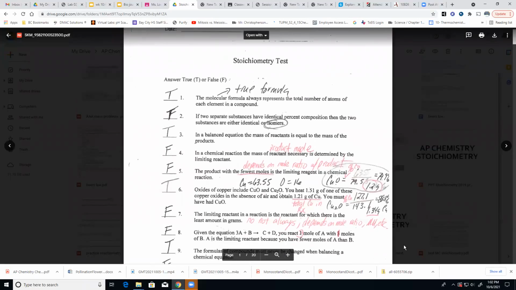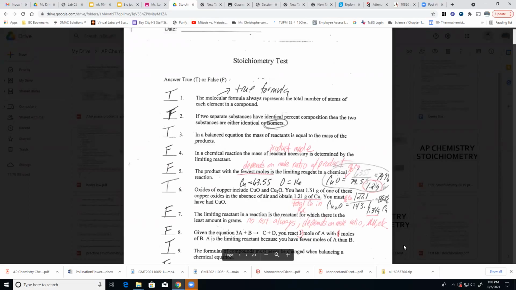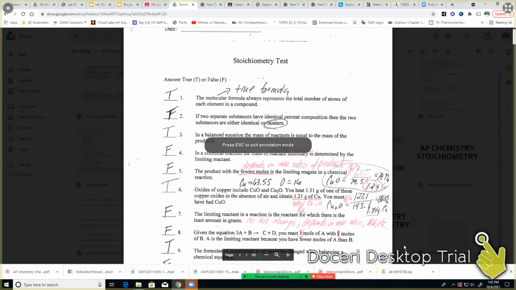So I just did some little notes here and there, mainly about if they were false, what would have made them true. So like I said, on number 2, it was that isomers made it false, and I didn't talk about that. That really has more to do with organic chemistry.